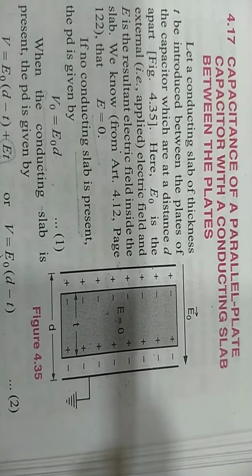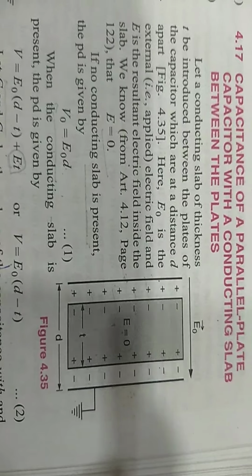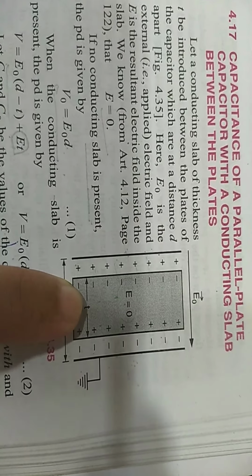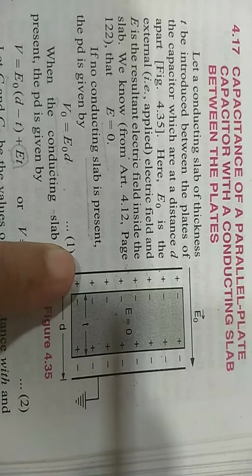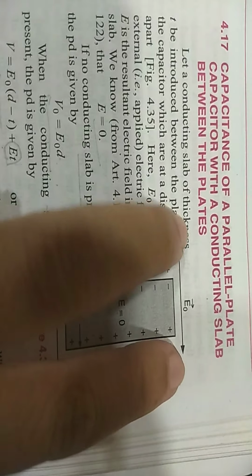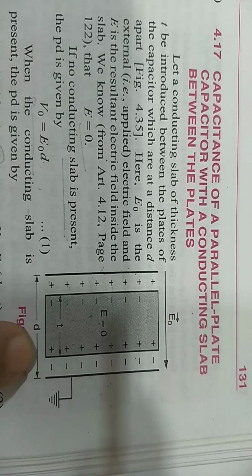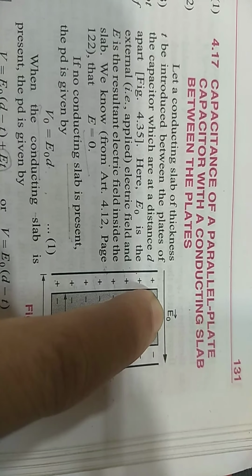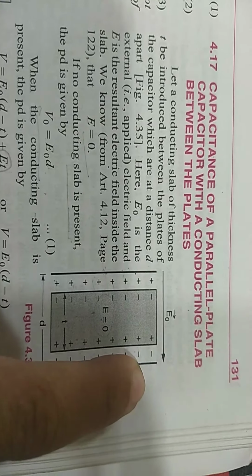Now what are we going to do? What will happen if, instead of a dielectric, I introduce a conductor of thickness T, when there is a gap of D? See, this is a parallel plate capacitor and the separation between the plates is D. E naught is the electric field inside it.